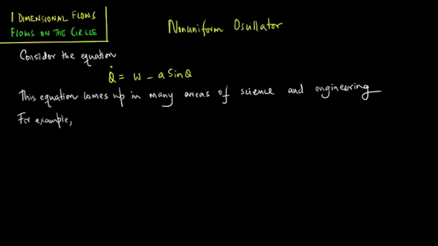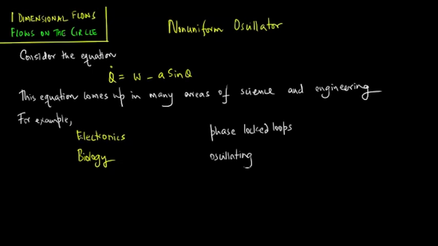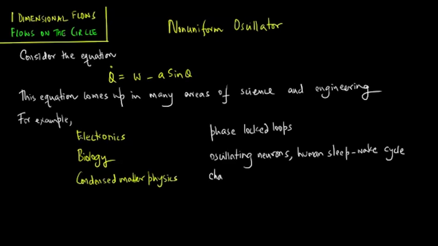For example, in electronics, we have phase-locked loops. In biology, you have oscillating neurons and the human sleep-wake cycle. In condensed matter physics, you have charge density waves.